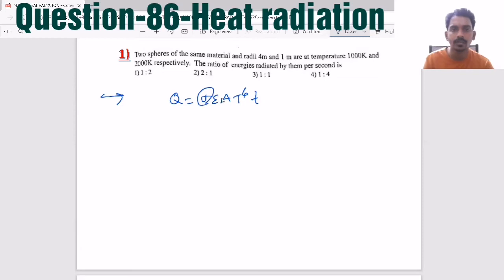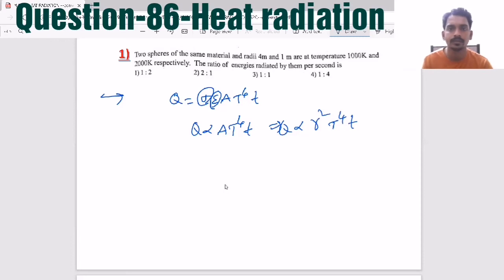Here sigma is the same for both, and epsilon they did not talk about, so epsilon is 1. Area is different. So Q is proportional to A T power 4 into t, which implies Q is proportional to, for a sphere, area means 4 pi r square, so r square T power 4 t.